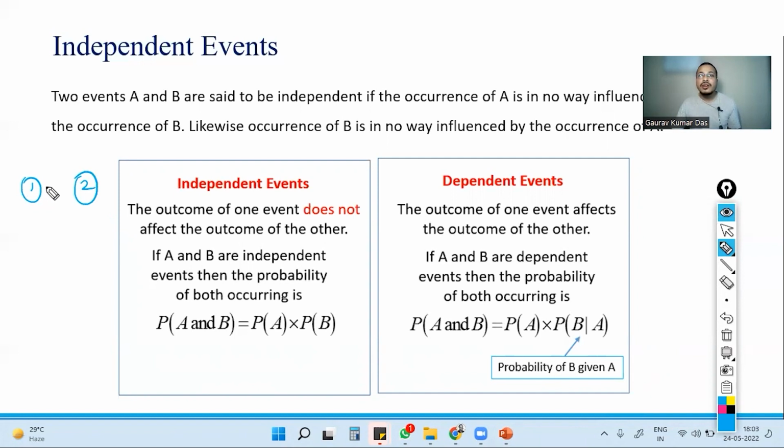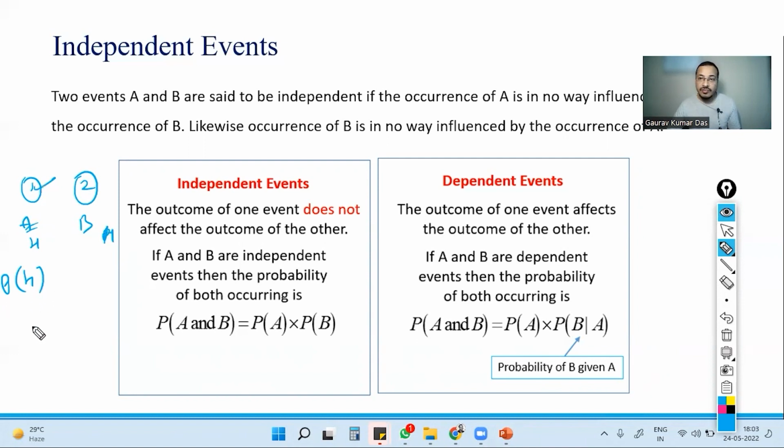What's the probability of 2 heads occurring when we toss 2 coins? This is event A and this is event B. The probability of event A, which is head from experiment 1, and event B is head from experiment 2.